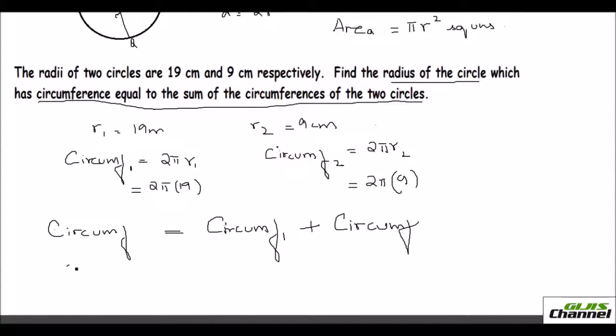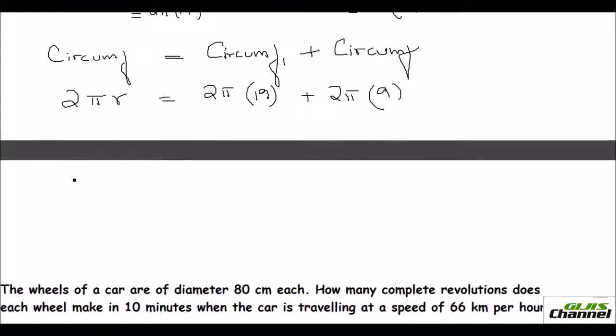This I would write as 2 pi r, that is the normal formula, will be equal to 2 pi times 19 plus 2 pi times 9. So 2 pi r will be equal to, you can take the common term out. I take the 2 and the pi which are common here, you have 2 pi here as well as here.